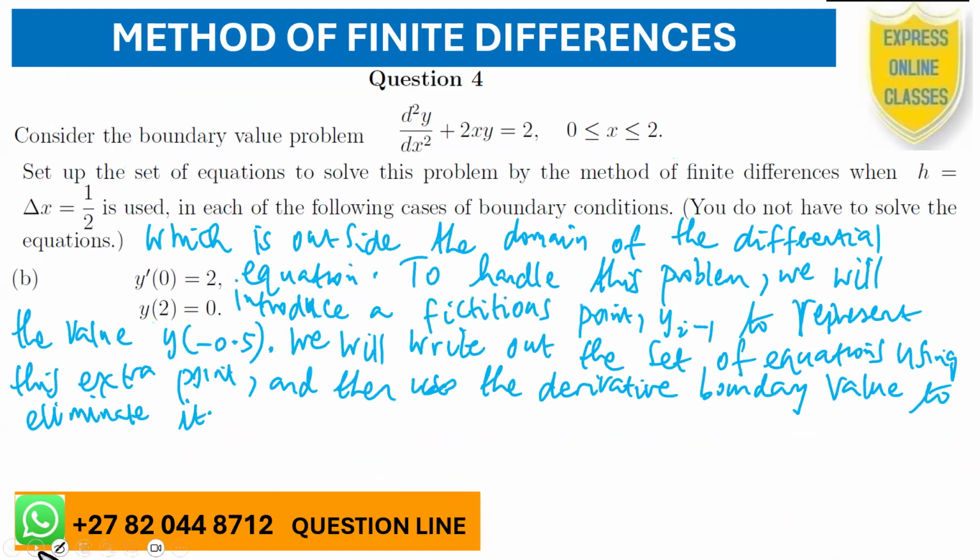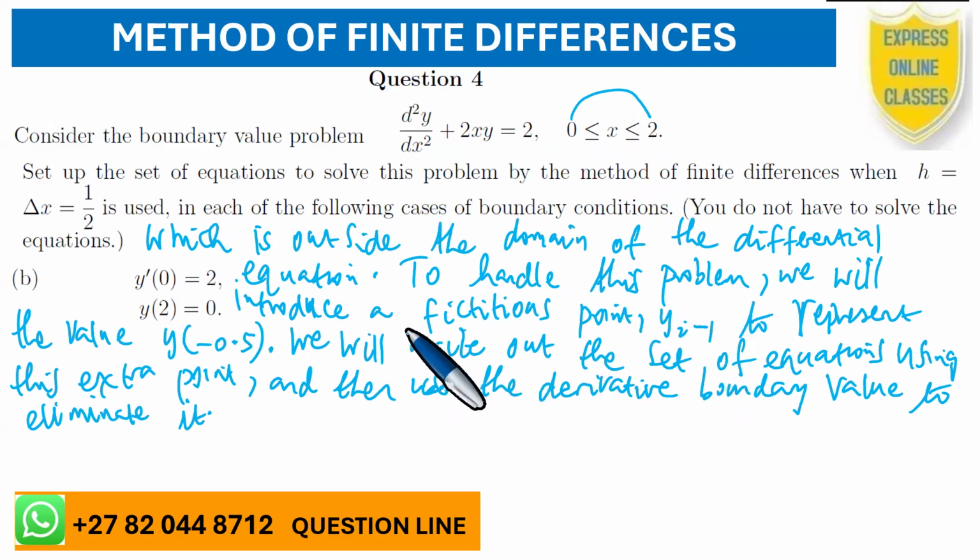That is outside the domain of the differential equation, since the domain is between 0 and 2. So there is a small problem: we are going outside the interval.